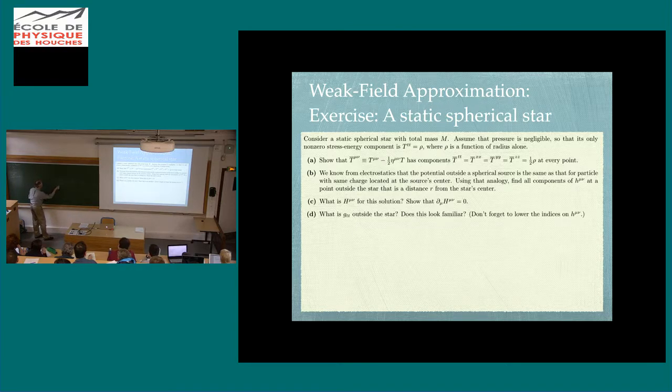My metric is equal to, so each of these are positive, my metric is going to be minus (1 minus 2GM over r) dt squared plus (1 plus 2GM over r) times (dx squared plus dy squared plus dz squared). That's my solution.